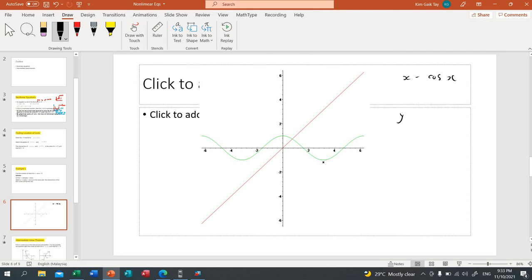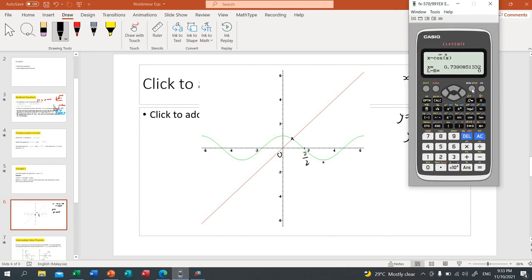You break it to become y equal x, y equal cos x, because it becomes x equal cos x. And then the intersection of those two nonlinear functions will give you the root. So roughly you read it from the graph there. If I sketch, I know this is pi over 2. So I say the root is in the interval 0 to pi over 2.